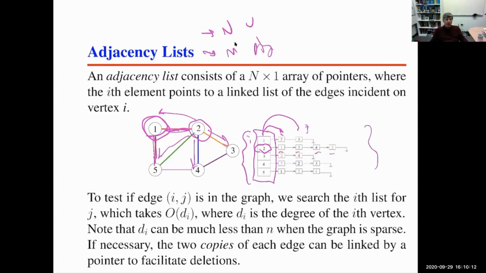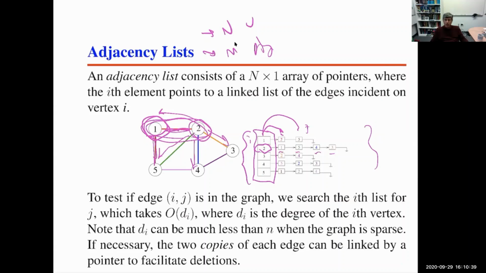I'm seeing n times m, and the answer is no. If I have a particular edge, ij, 1, 2, how many lists is that edge going to be on? Let's think about it. For the edge 1, 2, how many lists is that going to be on? Somebody.